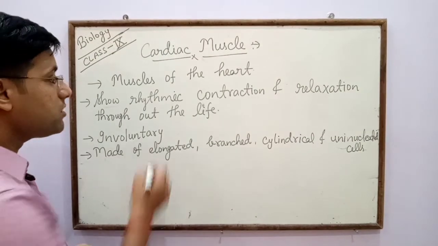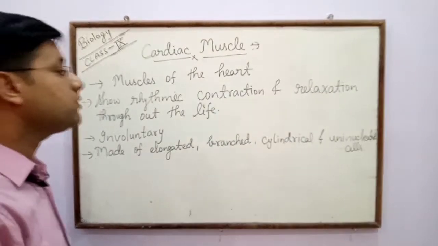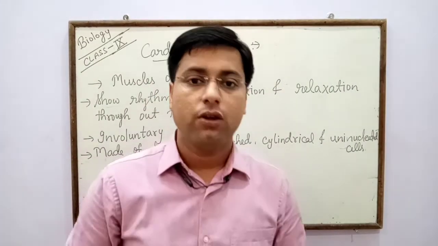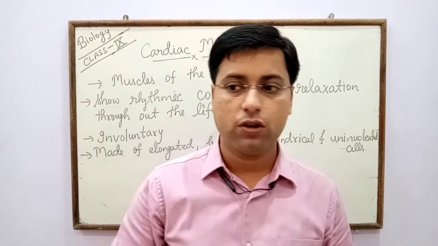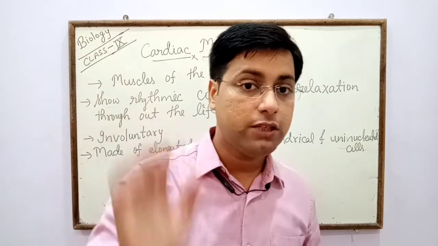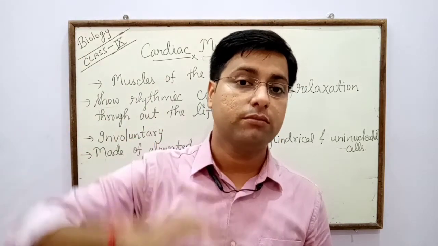the cardiac muscle shows rhythmic contraction and relaxation throughout life. We know that our heart is a pumping organ because it pumps blood into the body parts and again receives blood from the body parts.